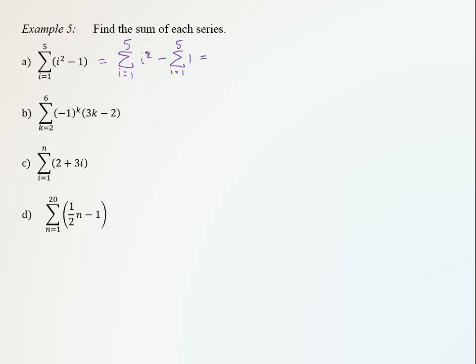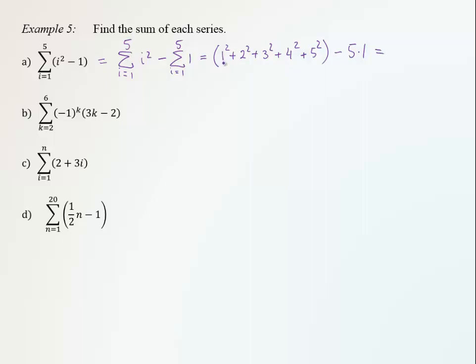Since I don't have a formula for i squared, but we have only 5 terms, we can actually list them. i squared when i is 1 is 1 squared, which is 1, plus when i is 2 is 2 squared, and then i equals 3 means 3 squared, i equals 4 gives us 4 squared, and i equals 5 gives us 5 squared. So that's the first sum. We actually need to perform this summation. However, the second one, using the property from the previous slide, we can just say it's 5 times 1, because we have 5 terms, each of them is 1.